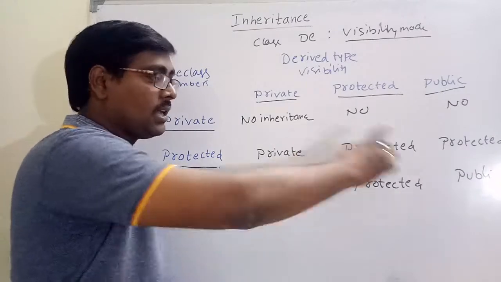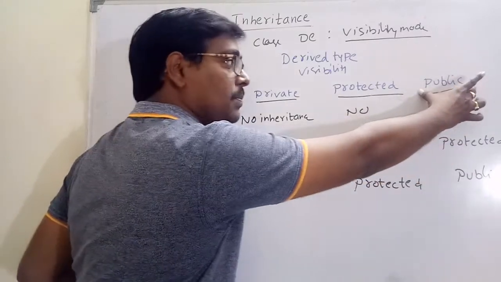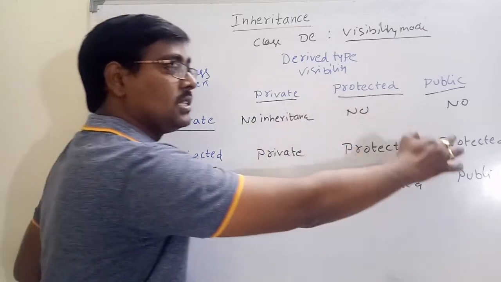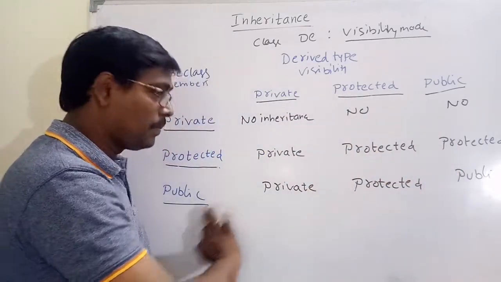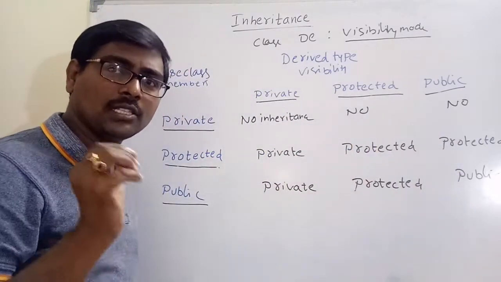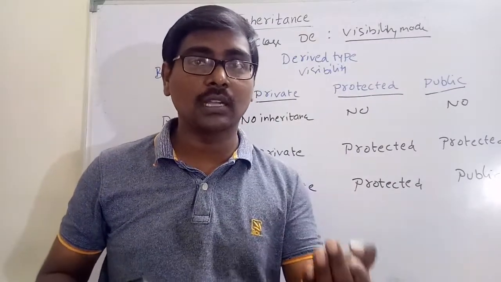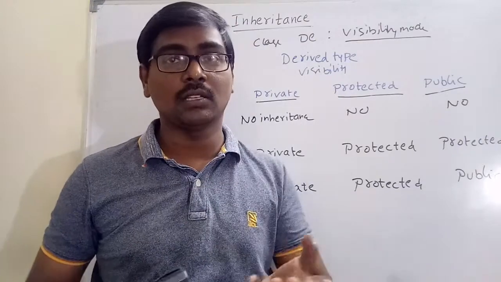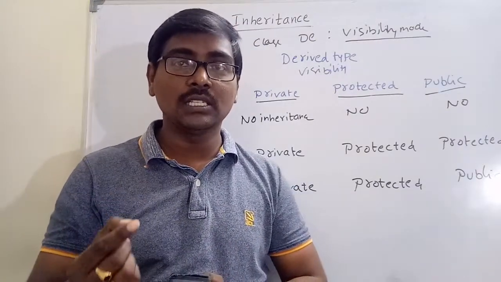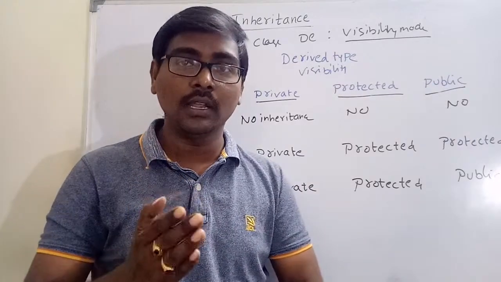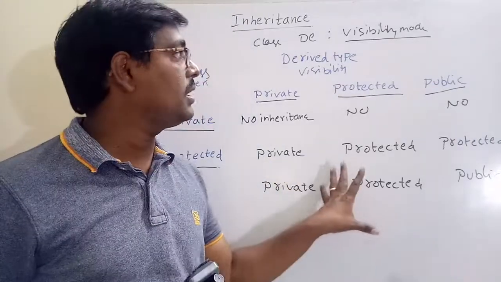If the visibility is public and the member is protected, it is protected; if it is public, then it is public. A simple logic is to consider private as the smallest, protected as larger, and public as larger again. Whichever is the smallest is the access specifier in the derived class.